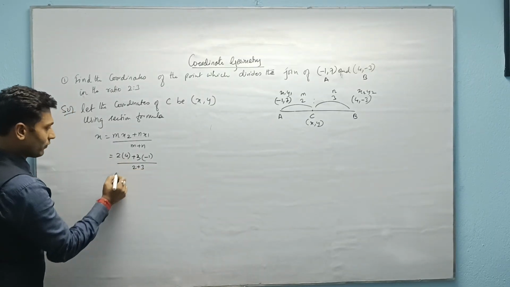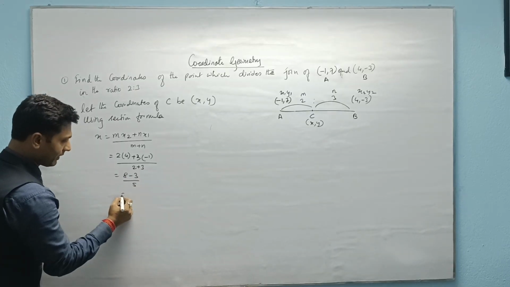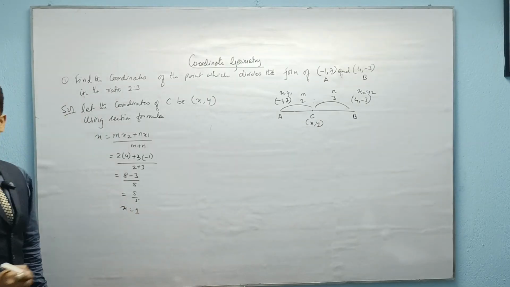So 2 into 4 is 8, minus 3, divided by 5. So this is 5 by 5, x is equal to 1.